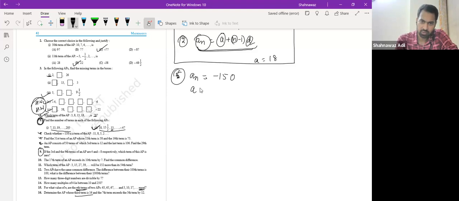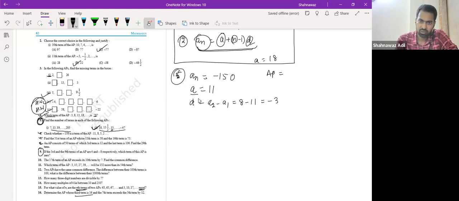So A is how much? A is 11. D is how much? A2 minus A1, which is 8 minus 11, which is minus 3.